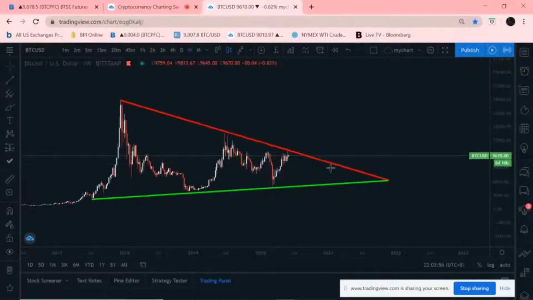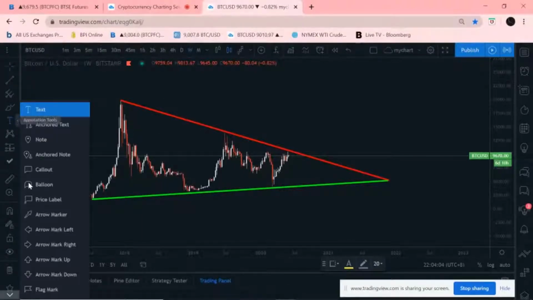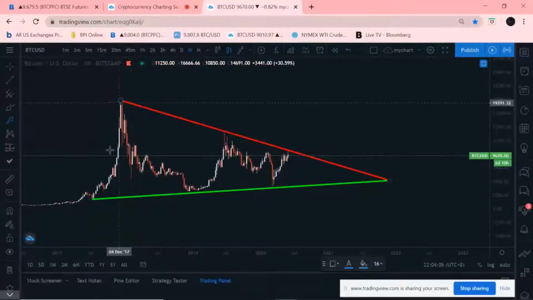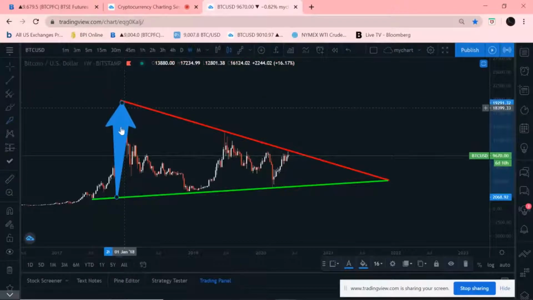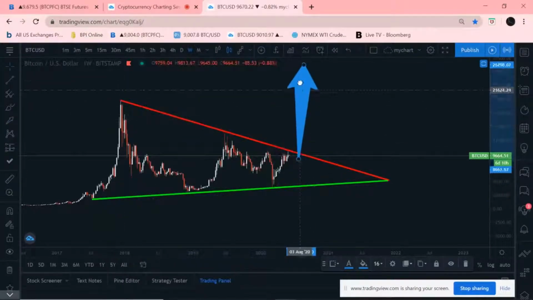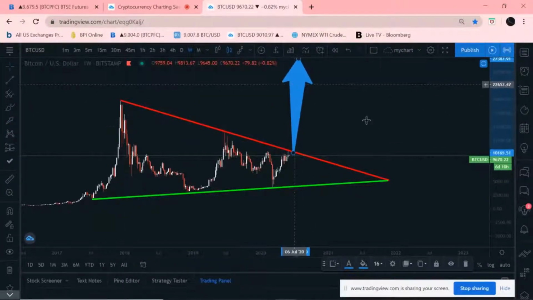So what's our possible target if it breaks this area? Let's measure the height from here to here and put it upon breakout, in case it breaks out here.